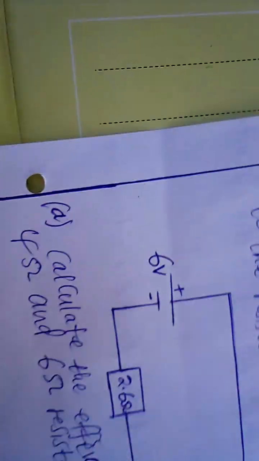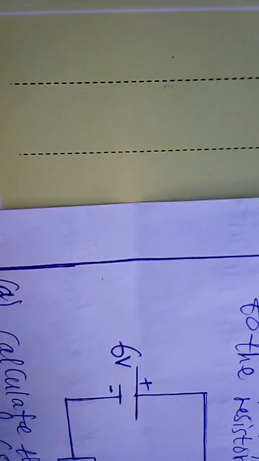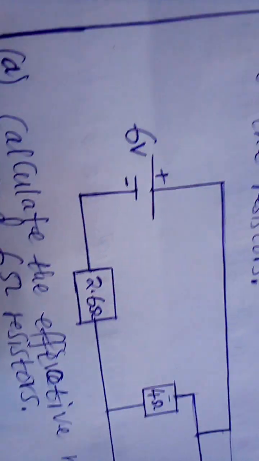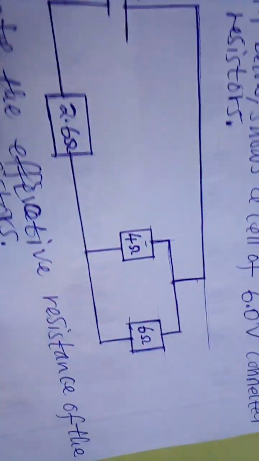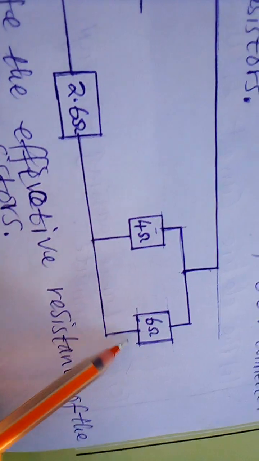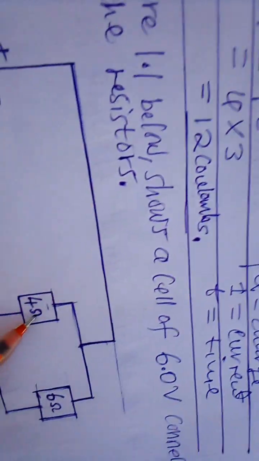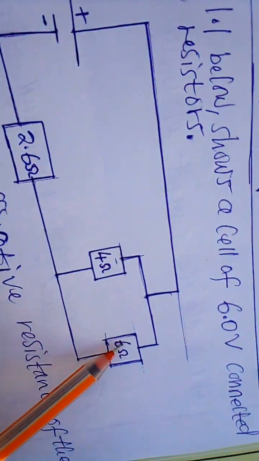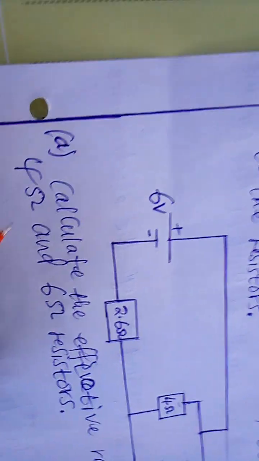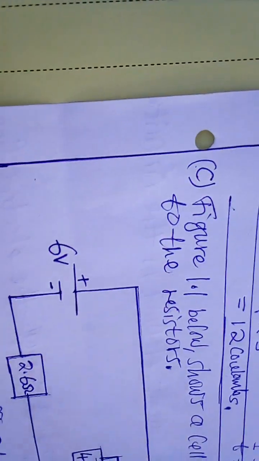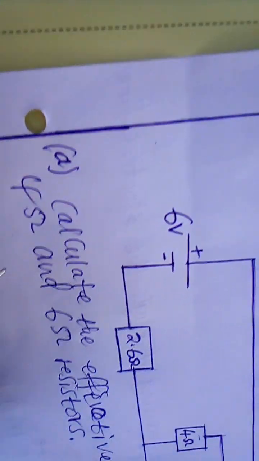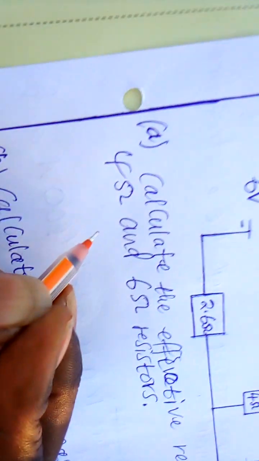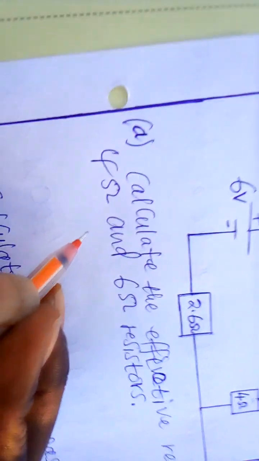Let's now do this question. We are calculating for 4 ohm and 6 ohm according to the question. The 4 ohm and 6 ohm are in parallel. There are 2 formulas that we can use, but let's use the simplest one. Let's label these as R1, R2 and R3.